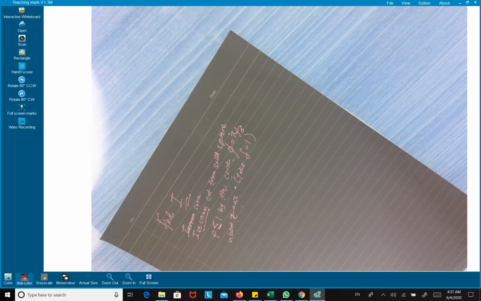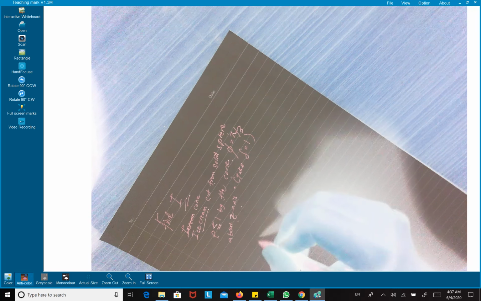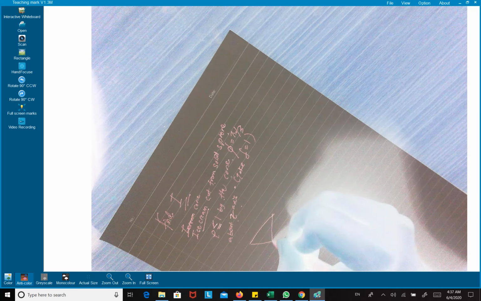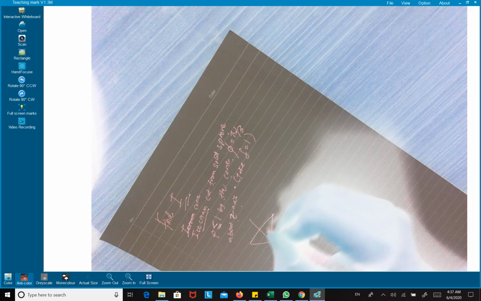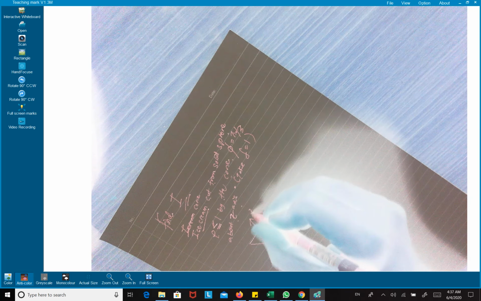If you want to sketch, you can find r and z. Let's say I have a cone. Phi always comes from the positive z-axis.